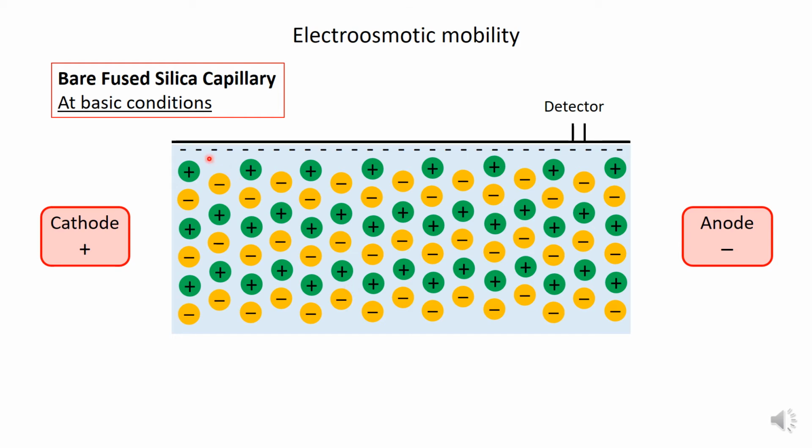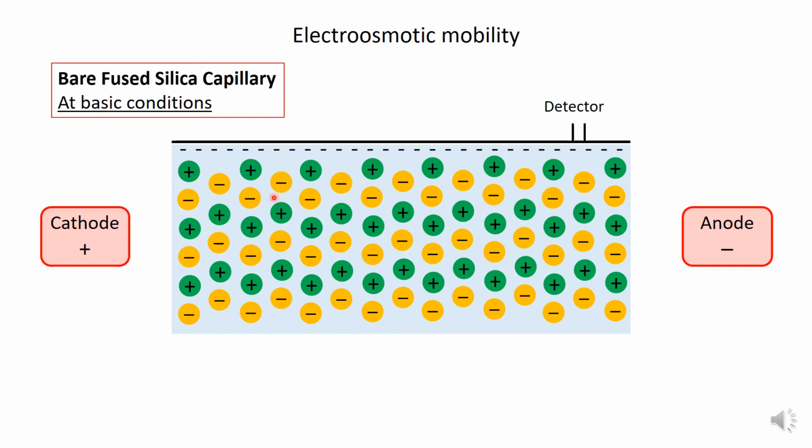But we consider now the inner surface of the capillary. And at this place, you see that there is a disequilibrium because the cations of the solution are attracted by the anions of the capillary wall.